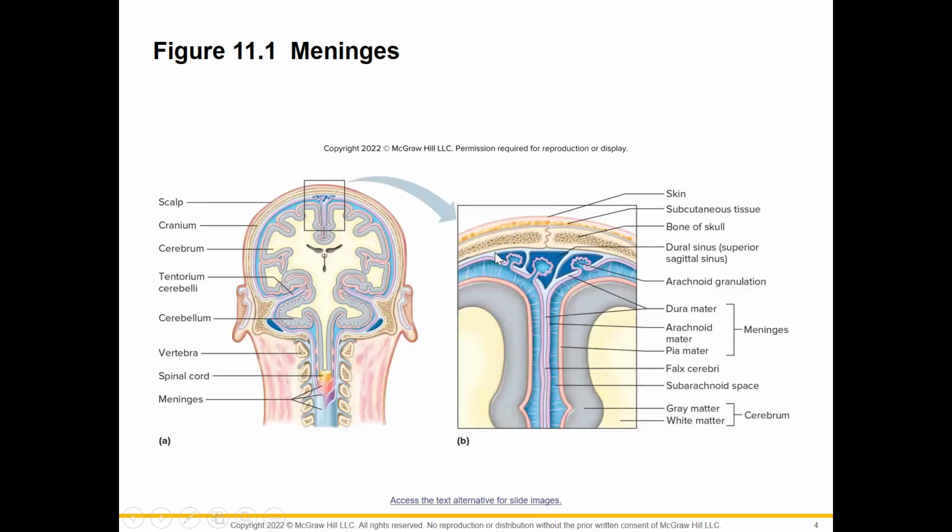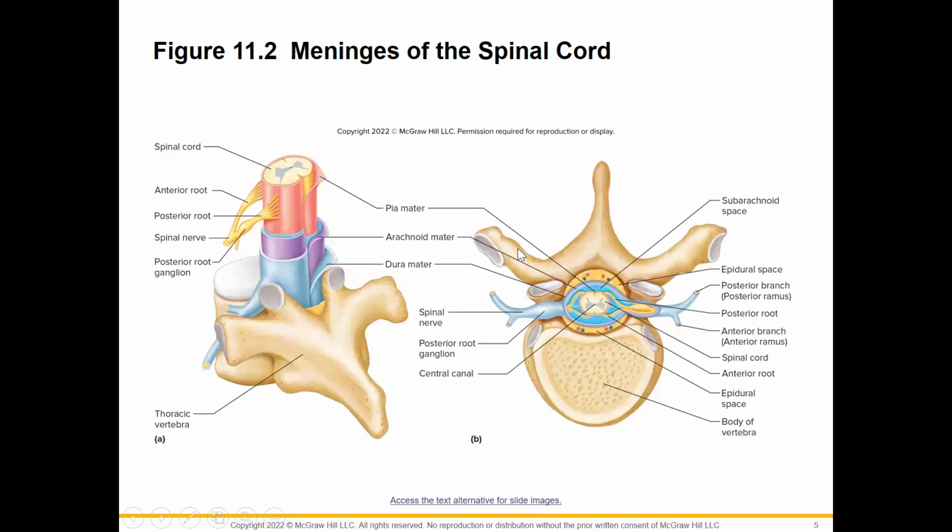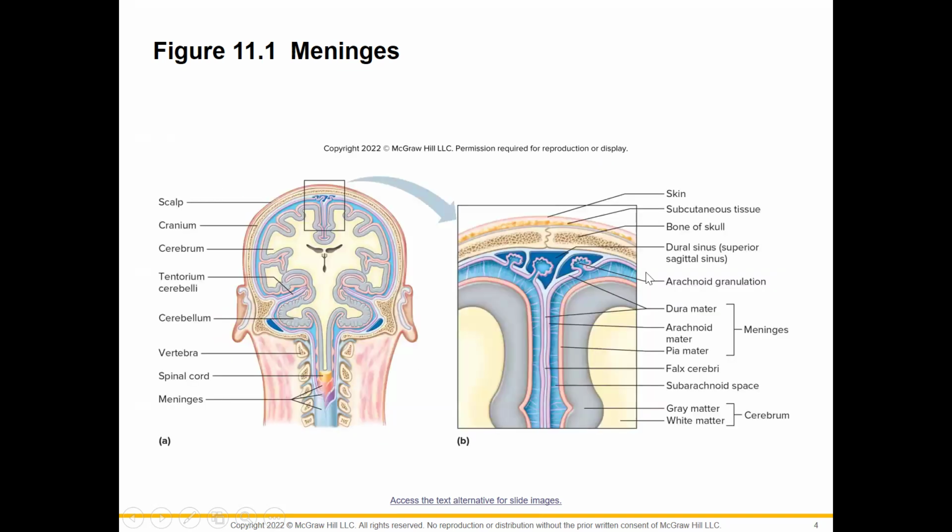So, dura mater, arachnoid mater, pia mater. In this case, this is the skull. So you have the bone of the skull itself, where the dura mater actually touches the skull. And then this would be the brain. So this is the gray matter of the brain, the white matter of the brain, and the pia mater is directly touching the brain.